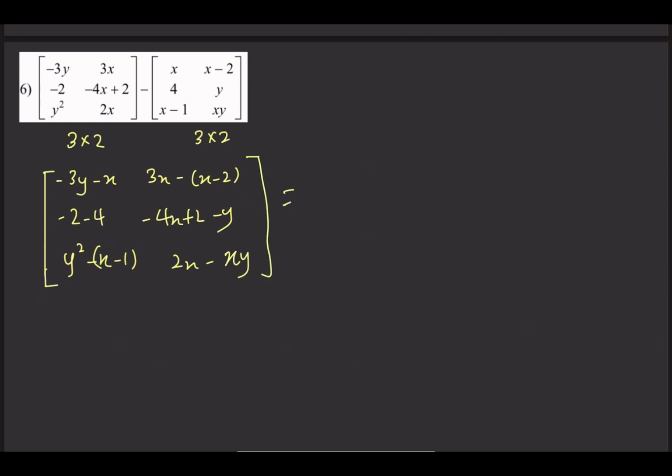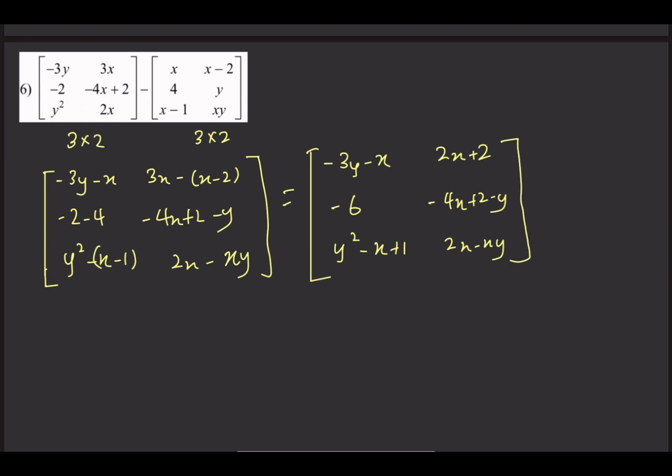Further simplifying, I believe: 3y minus x, 3x, 2x plus 2, -6, x plus 2 minus y squared, minus x plus 1, 2x minus xy. That is our final answer.